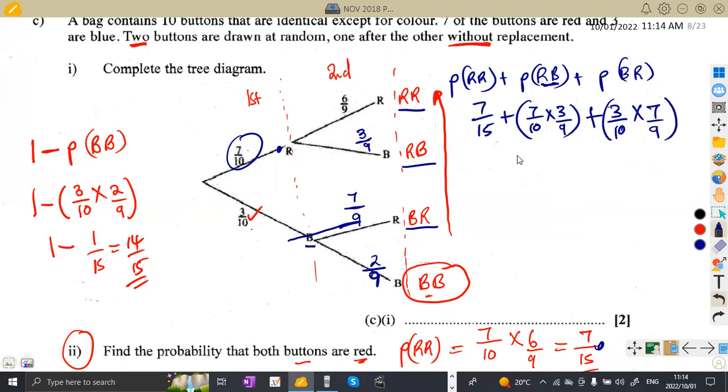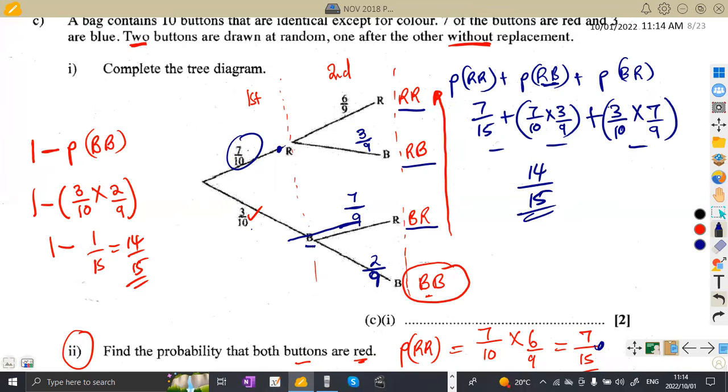So from this, you can actually obtain the same answer. I want you to try that one and see. You work each one separately, then you combine the terms. You're going to obtain the same answer, which is 14 over 15. You must obtain the same answer there.